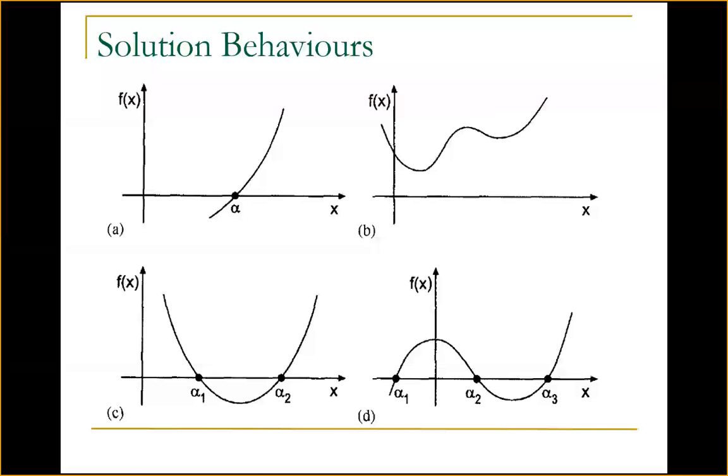Let me give you one example. It may not be a quadratic, but it may be a case where for very large x's your function is large, and for very small x's your function is also large, like a quadratic. In such a case, if you found a solution, then there must be two solutions. Understand?